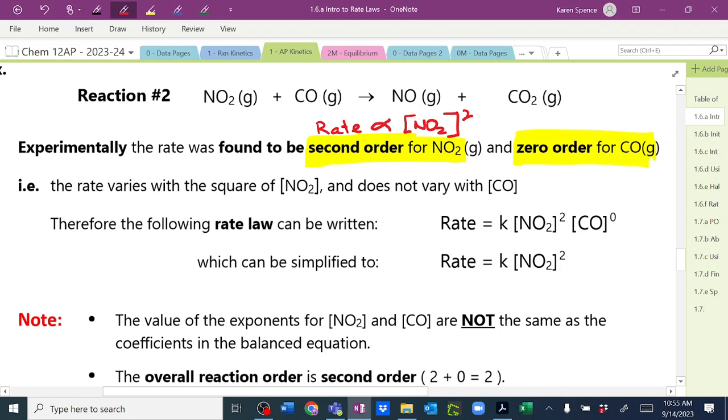And if it's 0 order for CO, that means that rate is proportional to concentration of CO to the 0. So we can then write our rate law, and remember it involves us writing rate equals, and then K, and then we put in our 2 concentrations raised to their appropriate powers.